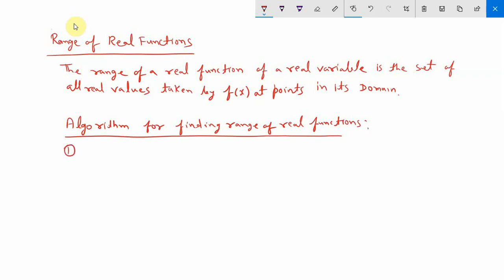First, what we have to do: if a function is given as f(x), we will put y = f(x).